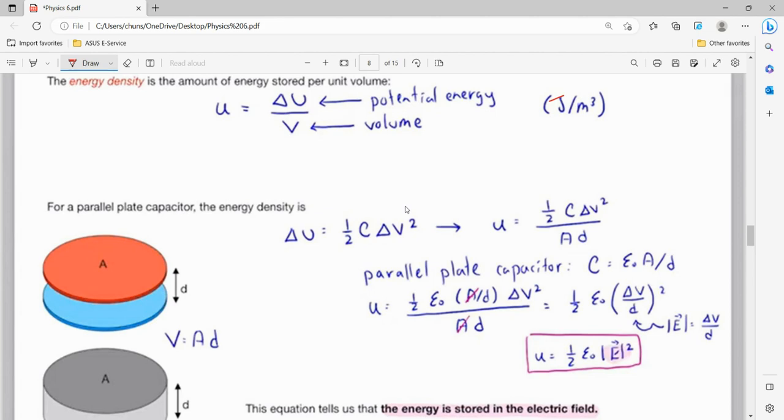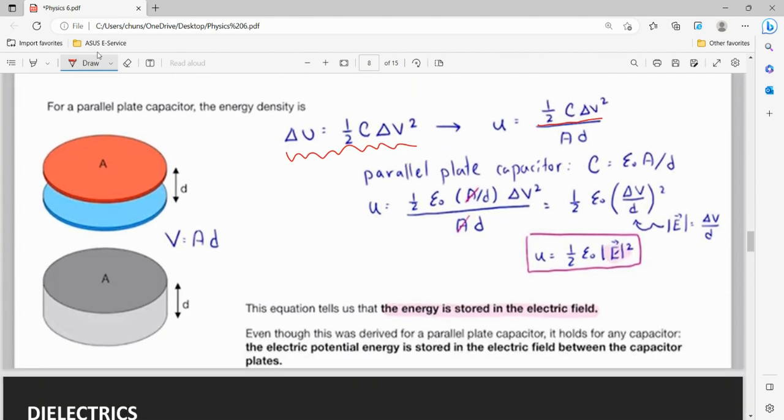So we would take our energy equation and put it over our volume, which is our area times the distance it occupies, because we consider this as one object. We consider our system of parallel plates to occupy this amount of space. So if you were to shade in this region, that's where the density comes from.